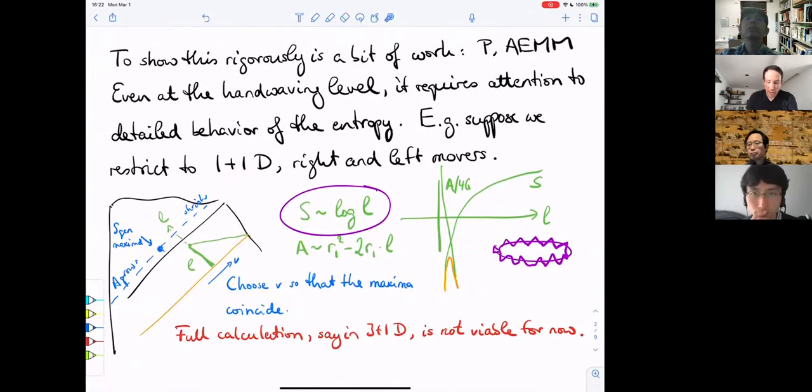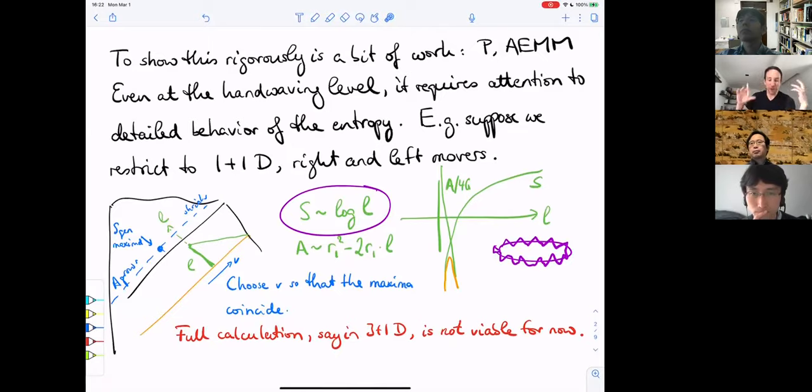Even when you go to 1+1 dimensional models, or as Penington, for example, did, effectively 1+1 dimensional by focusing on just the spherically symmetric radiation modes and throwing out all the others, this is a good-sized piece of work, many pages of algebra.